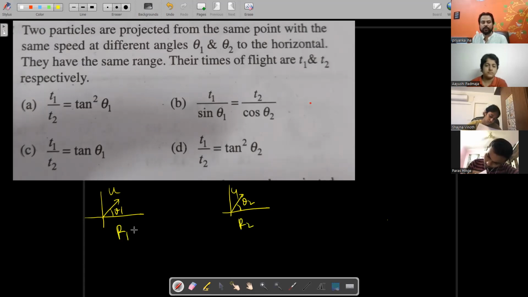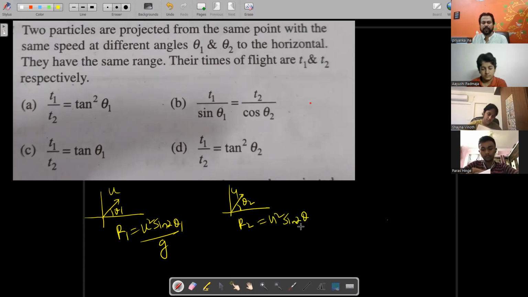Now you know that R1 is U square sine 2 theta 1 upon G. Same range means U square sine 2 theta 2 upon G. If they have the same range, so you can see U square by G is the same.